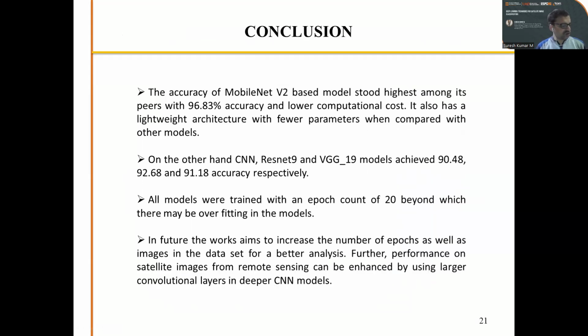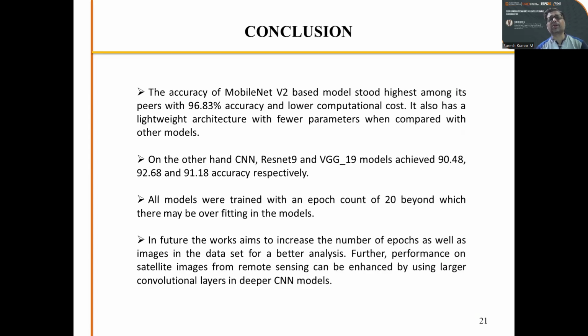So I conclude by saying that the accuracy of the MobileNet V2 based model is highest among all the remaining 3 models. MobileNet V2 accuracy is 96.83, and also it has lower computational cost.